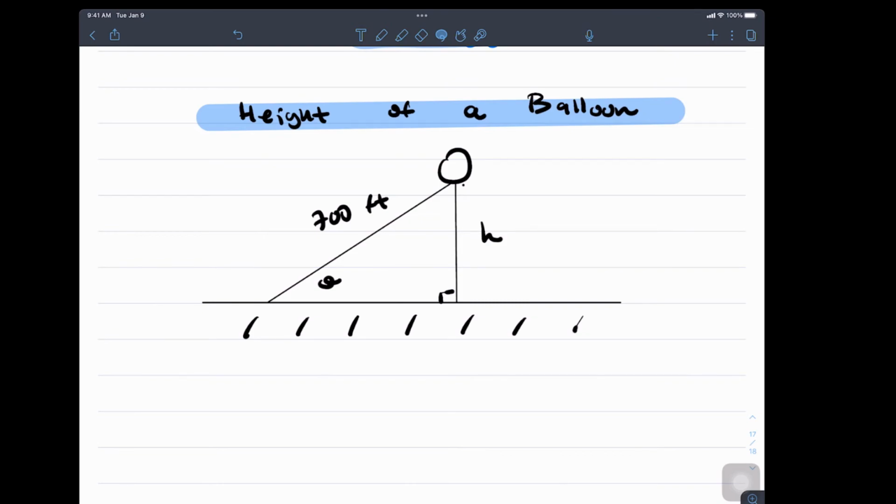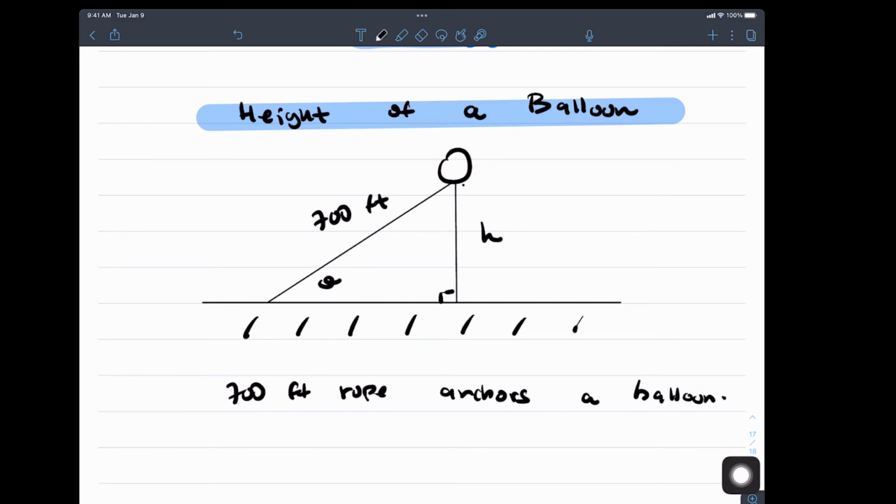So they're going to say a 700-foot rope anchors a balloon, and this is as shown.